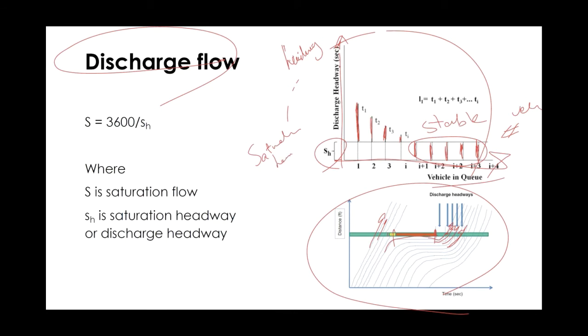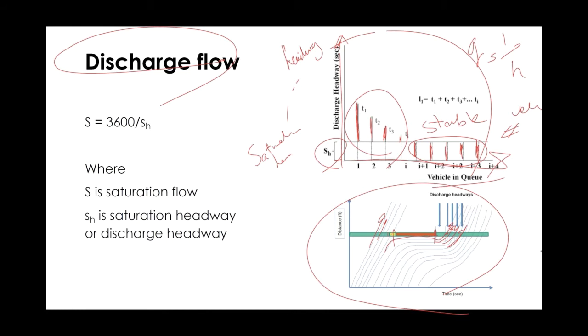If the headway is small, flow is large, right? Because flow is the inverse of headway, if you remember. The first few vehicles, because there's reaction time and loss time involved, usually have larger headways than the actual saturation headway. But after a few vehicles, we start observing the saturation headway.